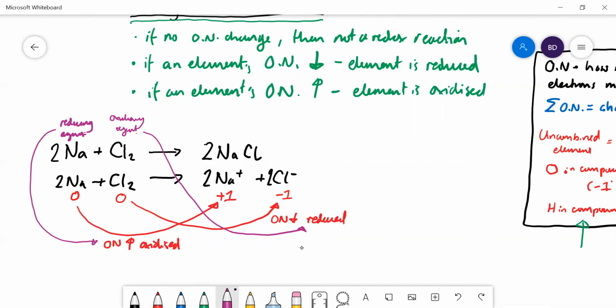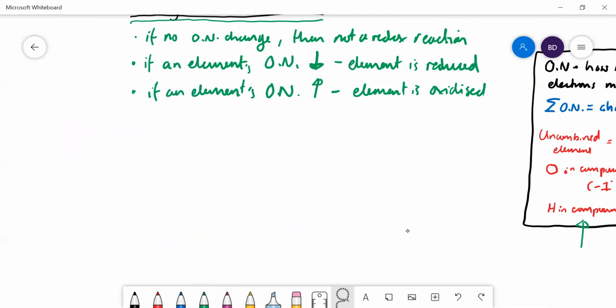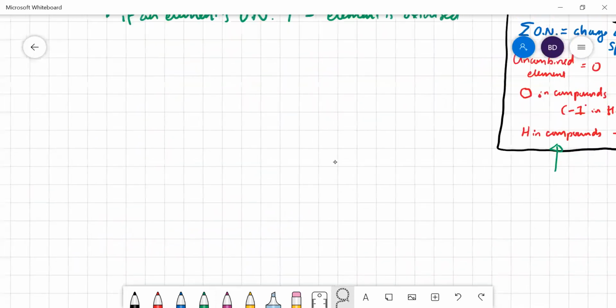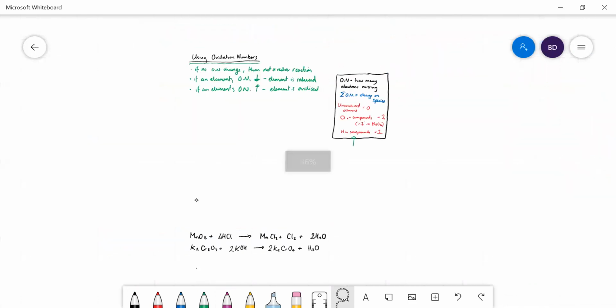Right, let's do another one then. Okay, get rid of that. And these will become harder, so if you're getting a bit bored, I apologize, but let's have a look at a slightly harder one. Right, this one here.